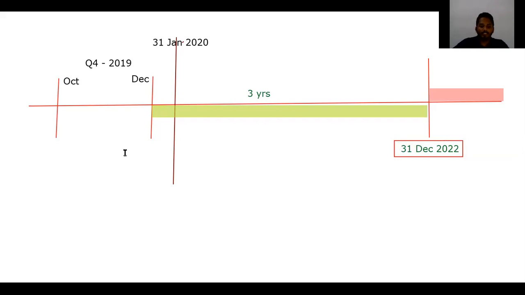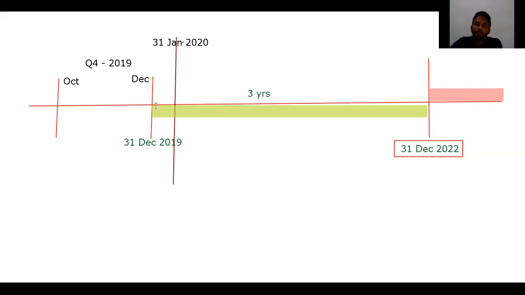The 31st December 2019 is the starting date, not the return submission date. I highlight this because most students misunderstand, as in income tax the time bar starts from the return filing date. From the VAT perspective, the time bar starts from the last day of the taxable period, the end of that quarter.